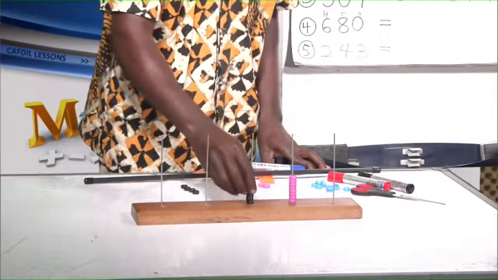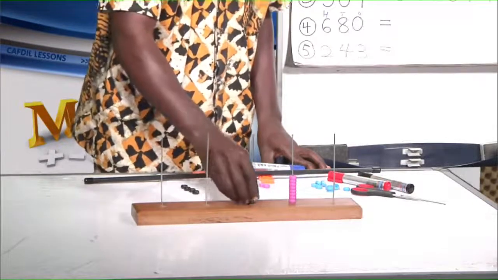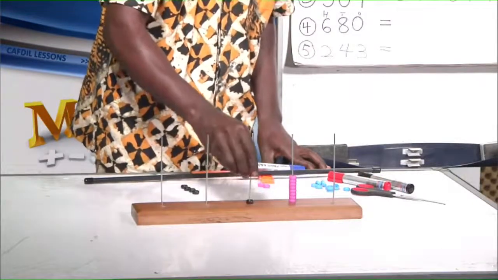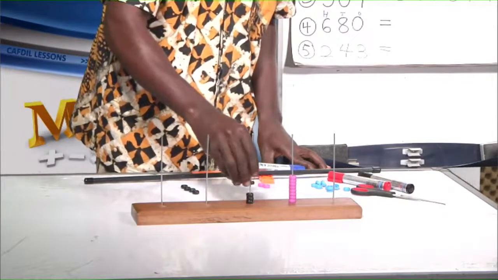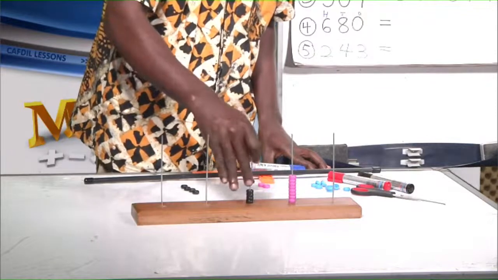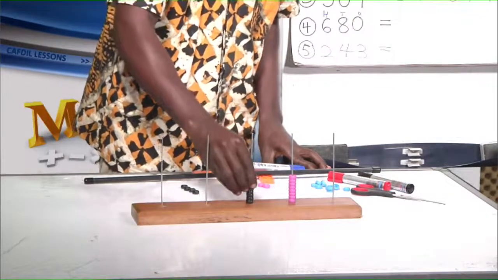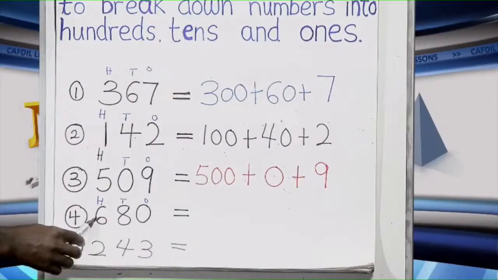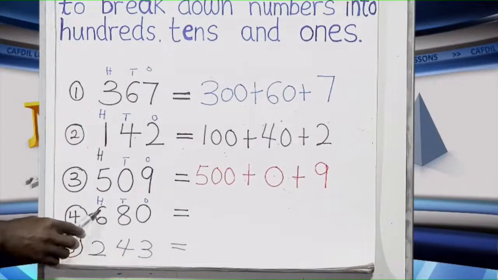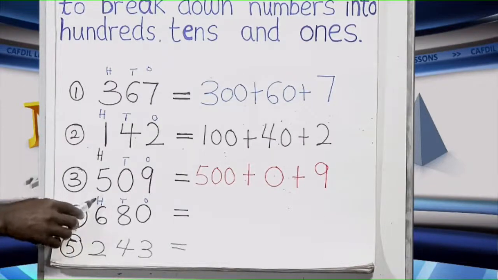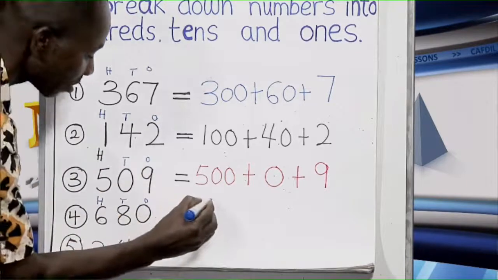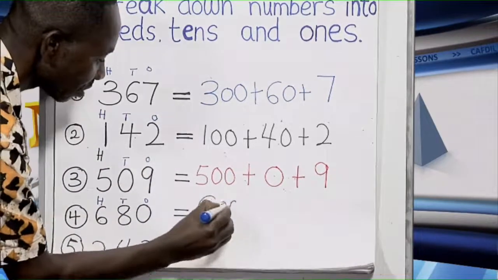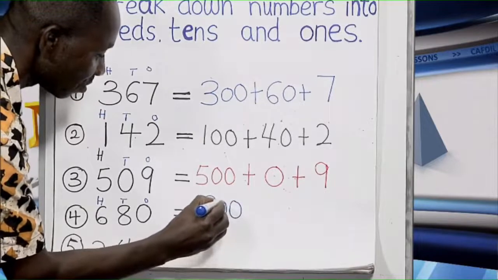So since we have 6 beads, we can say 100, 200, 300, 400, 500, 600. So the 6 here is not just 6, but it is what? 600, because the 6 is under the hundreds column. So we can write 600.